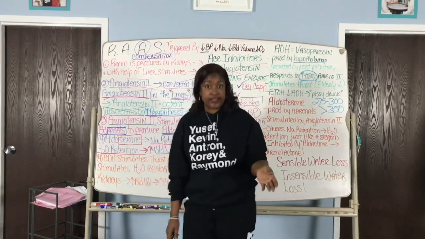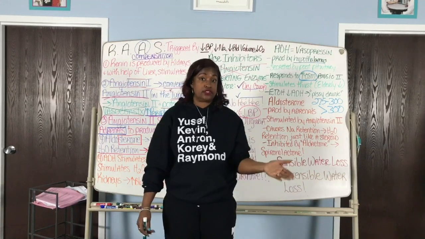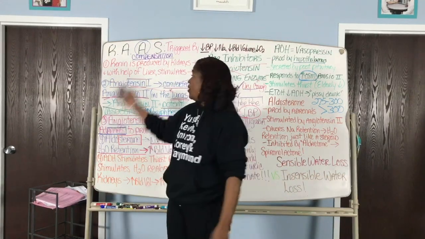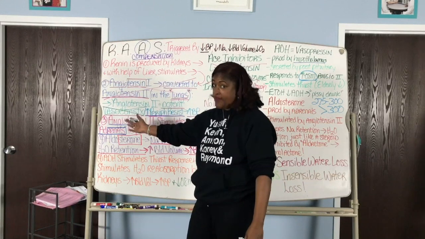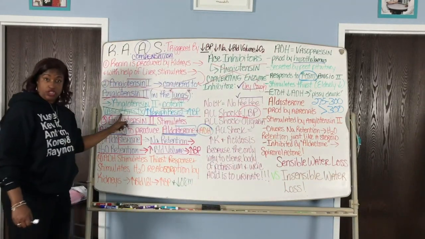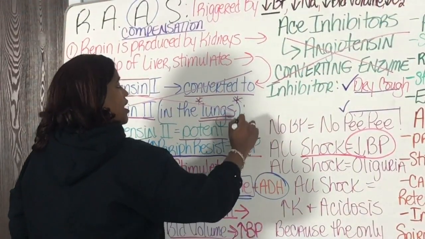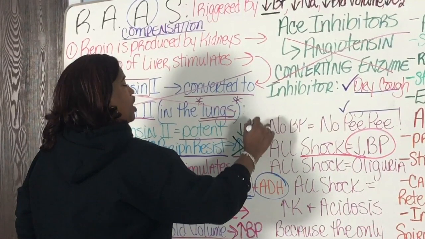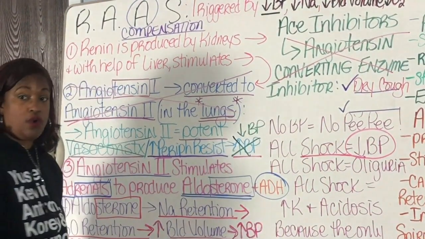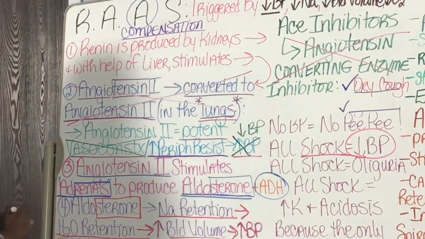High blood pressure patients, patients who are hypertensive, or patients who have renal failure. So if I don't have angiotensin 2, then I don't have any vasoconstriction, I don't have any high blood pressure, instead I now have low blood pressure. Okay, stay with me, I ain't nowhere near done.